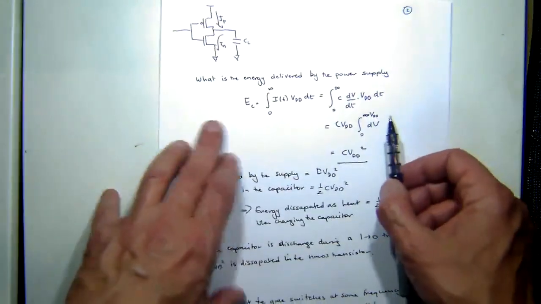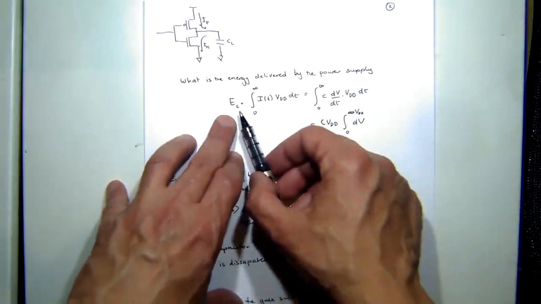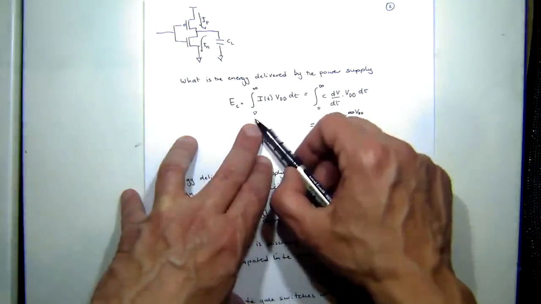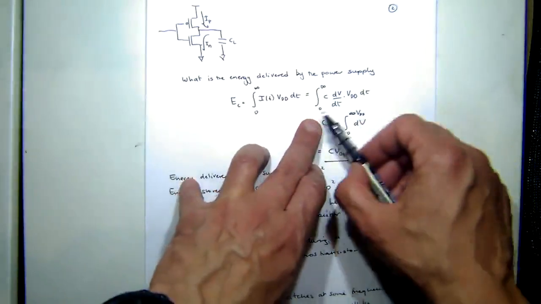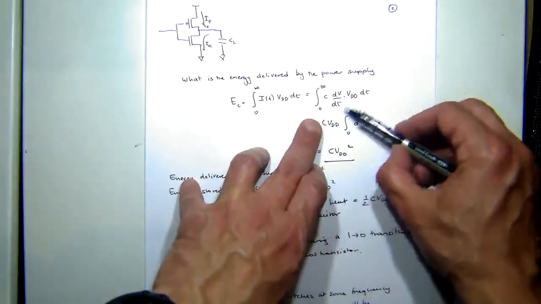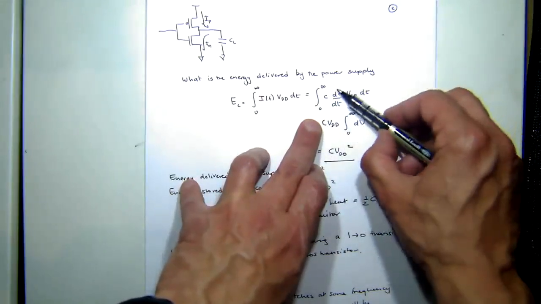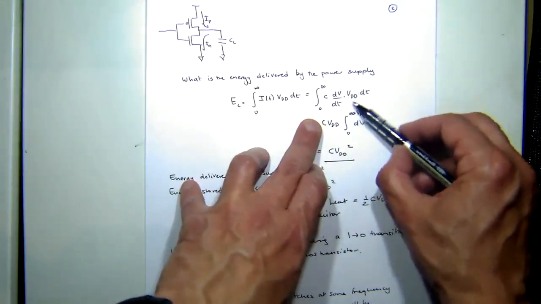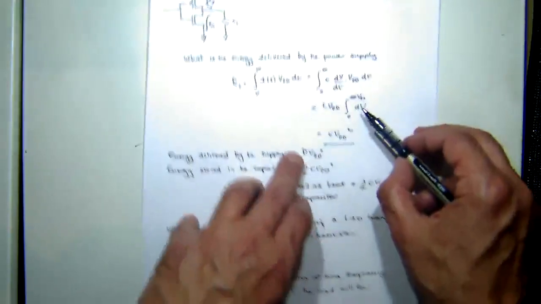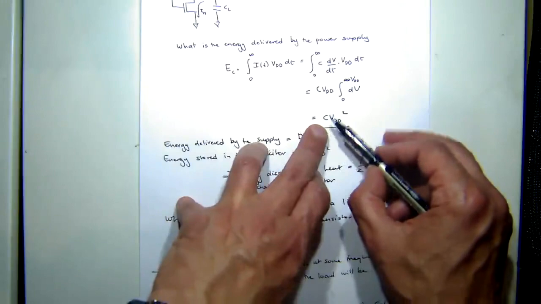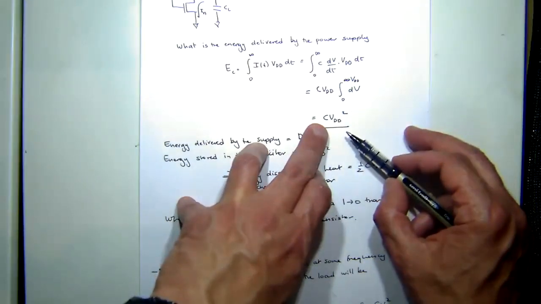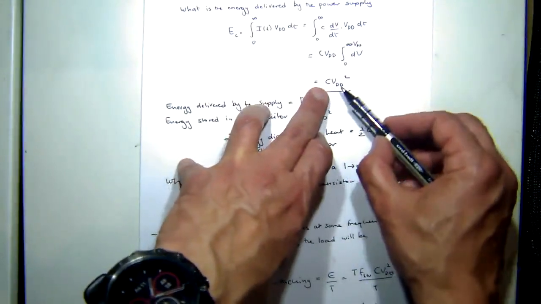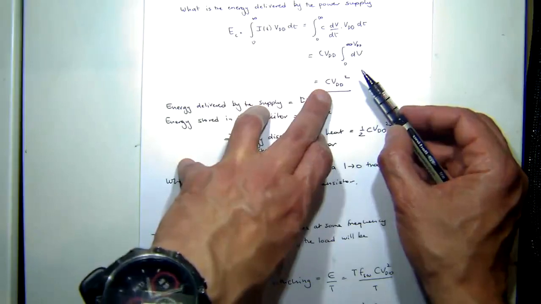So let's go through the calculations, and what we see is the energy is I VDD integrated over time, right? And we know that the current I is C dV/dt, where dV/dt is the rate of change of voltage across the capacitor, and VDD is the supply voltage, right? When you integrate this up, you find that the total energy being delivered by the power supply is C VDD squared, right?